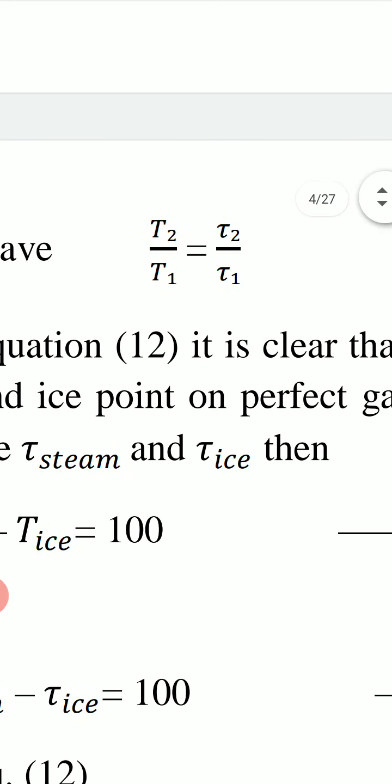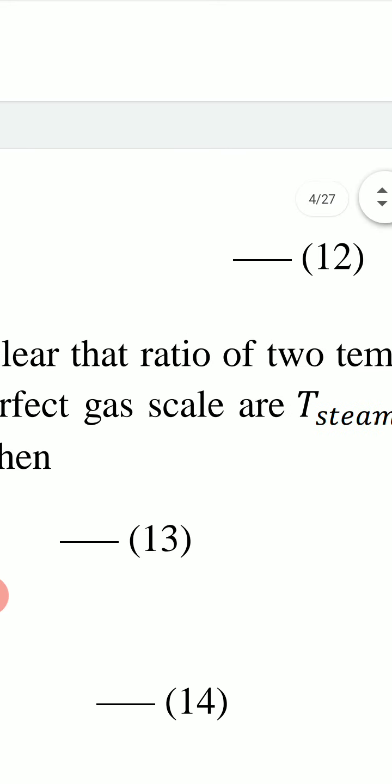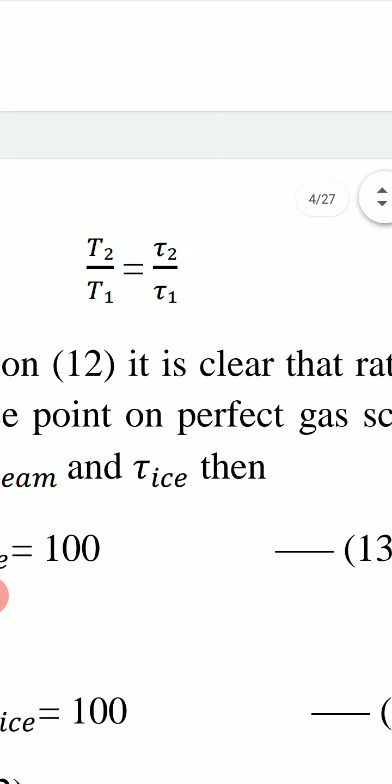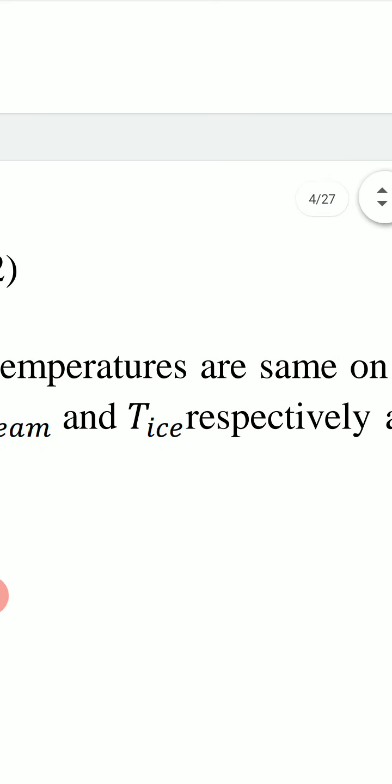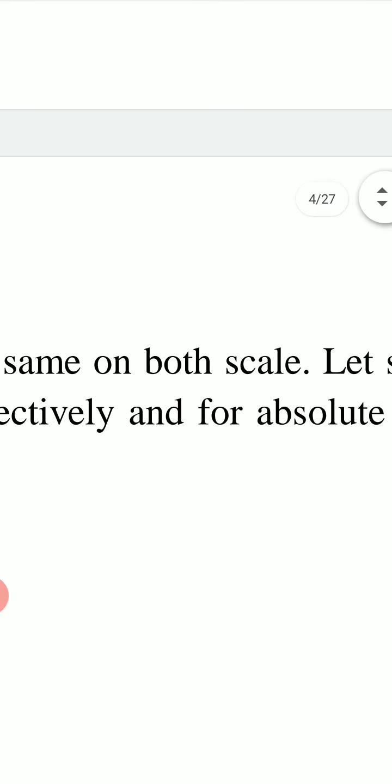From equation 12, which shows the ratio of two temperatures in the two scales is the same, it is clear that the ratio of two temperatures is the same on both scales.